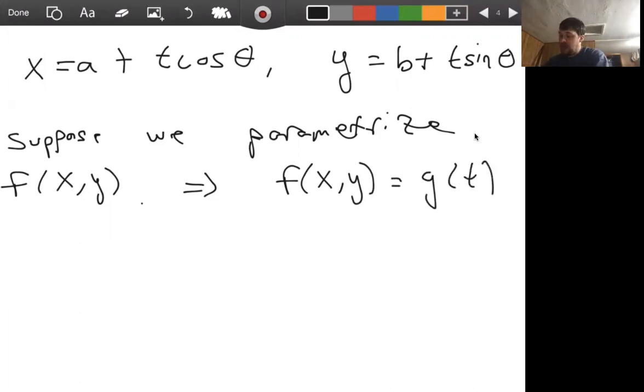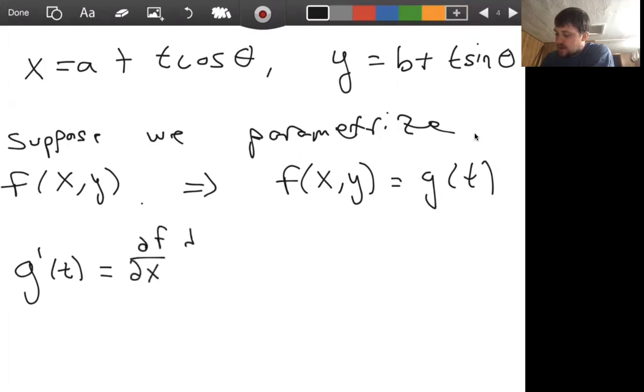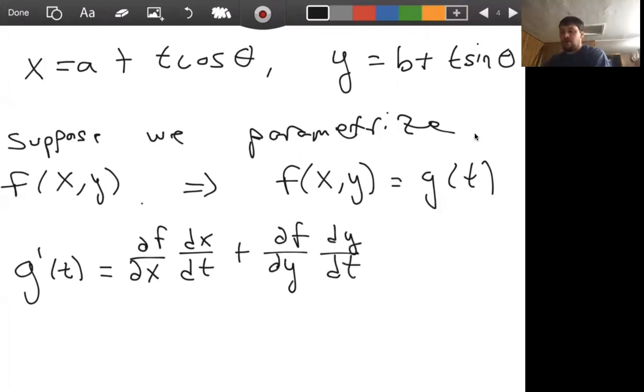So let's say that f of x, y has some parameterization g of t. Well, then from the multivariable chain rule, if we want to take the derivative with respect to t, that's going to be partial f, partial x, times dx dt, plus partial f, partial y, times dy dt. This is by the chain rule.